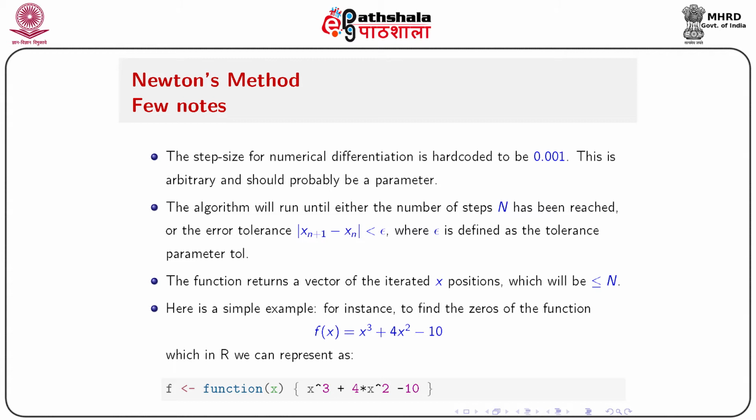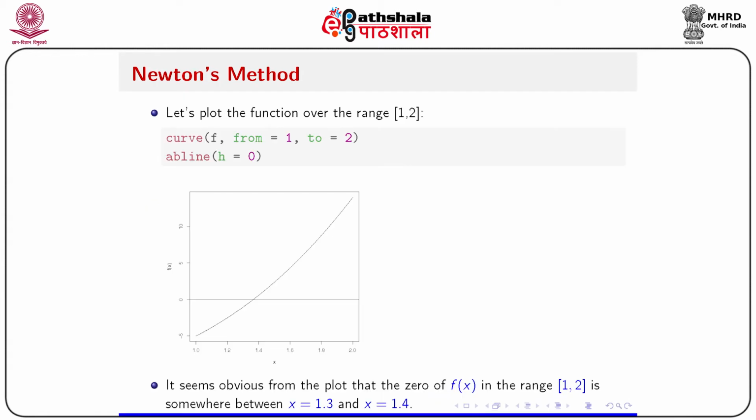This is a function that I define, which will return the value of f(x). And let us plot the function as follows: curve f from 1 to 2 and abline h equals 0. The curve will give the plot and abline will give the horizontal line at 0.